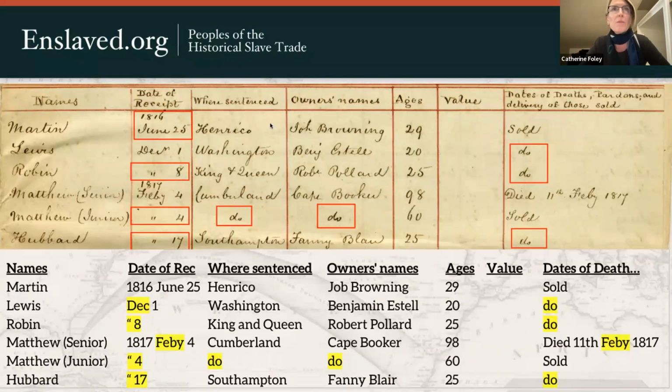There's also information about places, where sentenced, so that we would know that this person, Lewis, was sentenced in Washington, but that is not included in the data set. And there's even some information about relationships. We have Matthew Sr. listed, and then below is Matthew Jr. So there's relationship information that could be very valuable for those studying this period or area, but it's not represented in the data set that the Library of Virginia created.